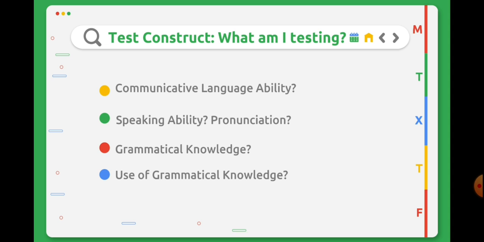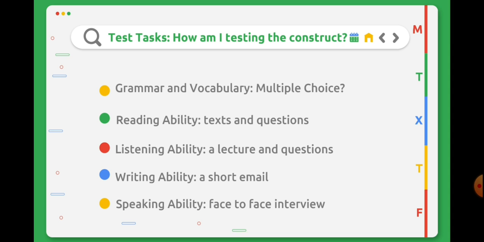That's the point of test construct. This is one of the most fundamental concepts in assessment.